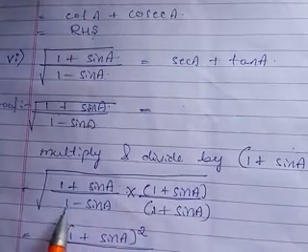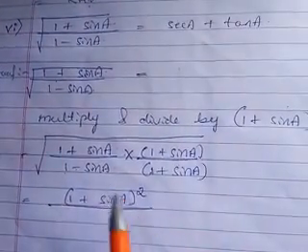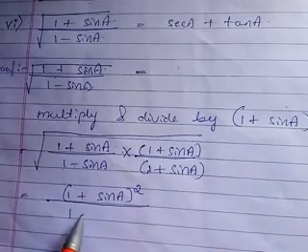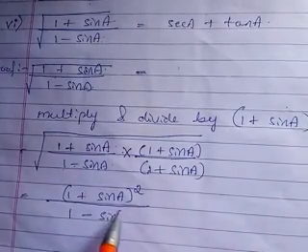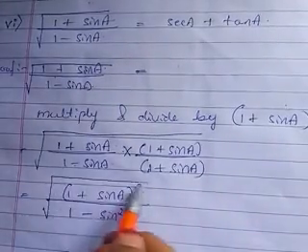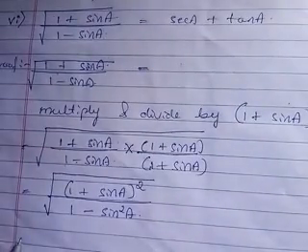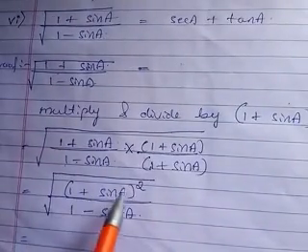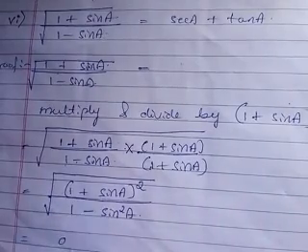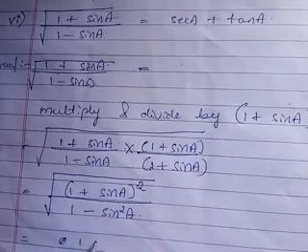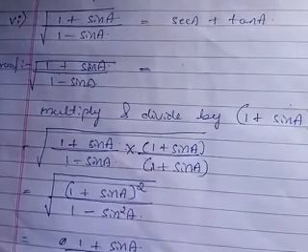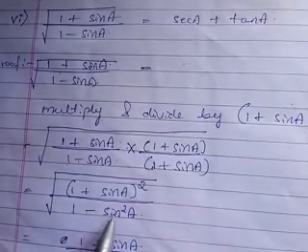Next, A minus B into A plus B: A square, 1 square, minus sin square A, B square, so 1 minus sin square A. Square root of A square is A, so 1 plus sin A divided by 1 minus sin square A.